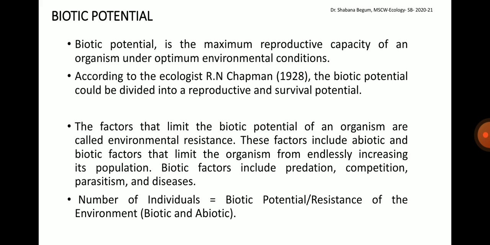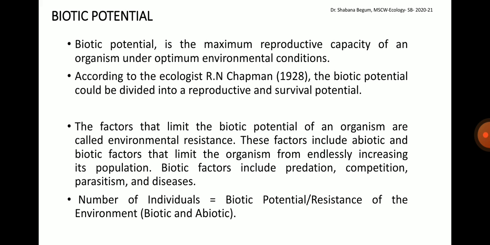For example, if each female rice weevil produces 100 eggs and if there are 20 females, the biotic potential is equal to Rn, which equals 100 into 20, which is equal to 200.